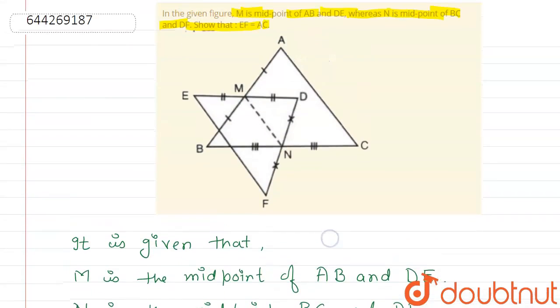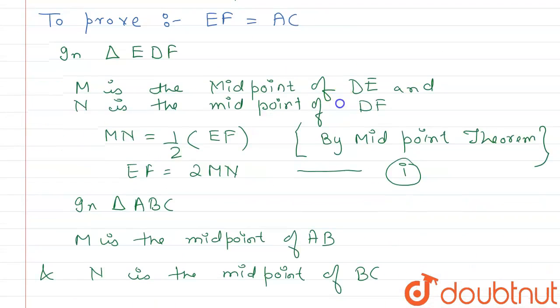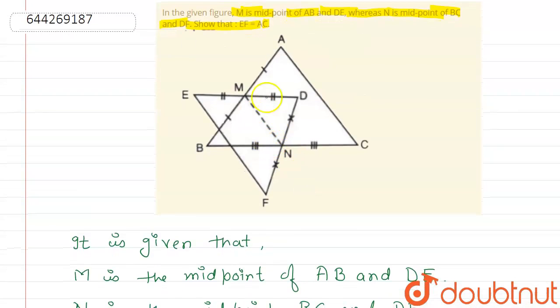So we say that MN is equal to half of AC by the midpoint theorem, because the midpoint theorem states that this side is equal to half of this side when this is the midpoint of this side and this is the midpoint of this side.